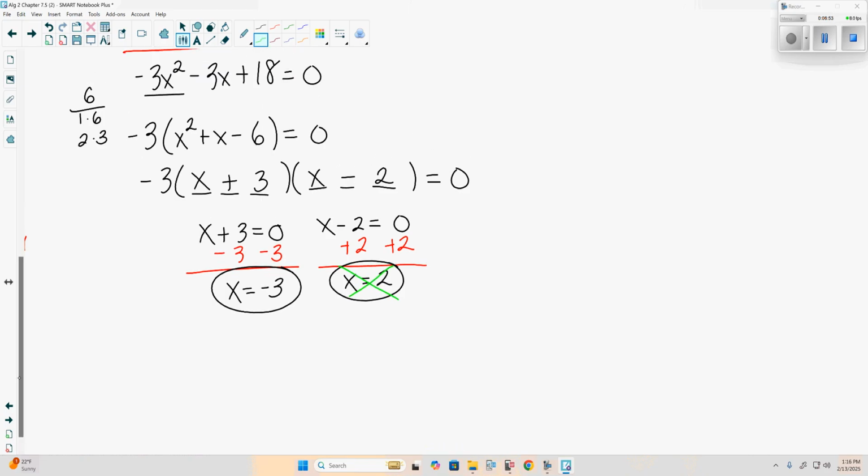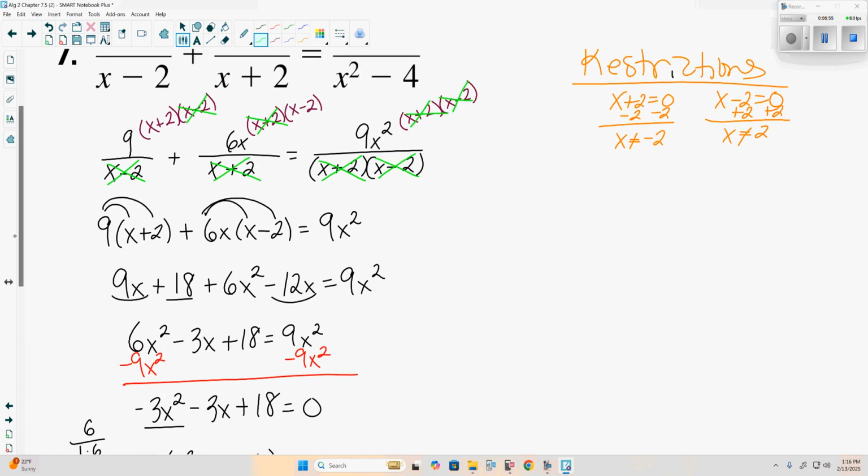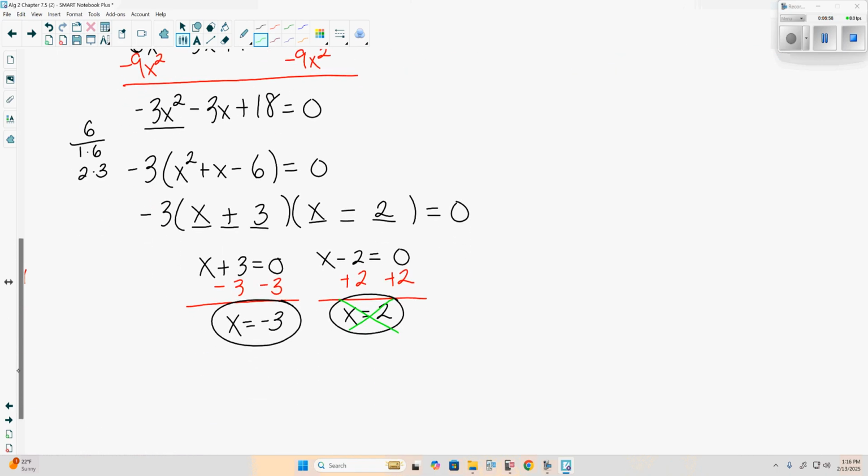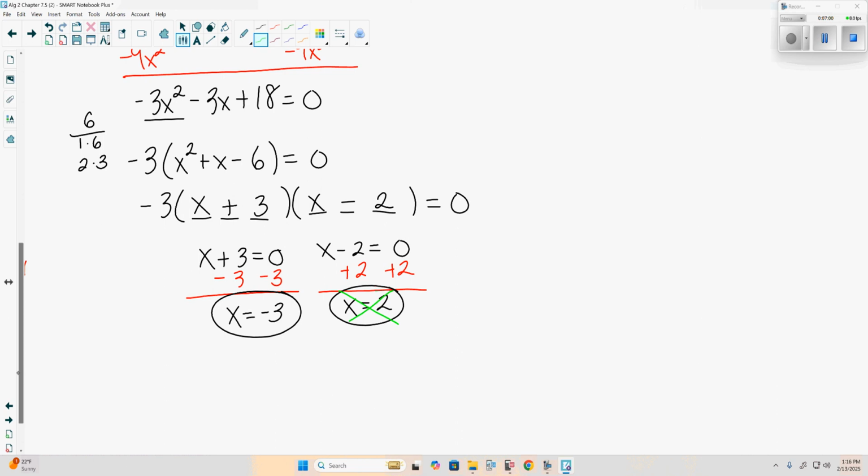Good answer, JP. Because x cannot be positive or negative 2. So the positive 2 is a restriction. We have to throw that solution out. So the only solution we have for this here is x is equal to negative 3. And that's it. Questions on this here?